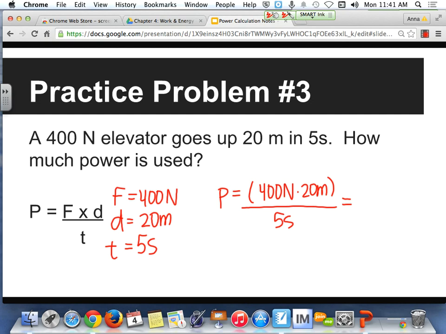So when we take 400 times 20, we get 8,000. 8,000 divided by 5 is 1,600. And again, newtons, meters, and seconds don't cancel, so we have to know that our power is going to be in watts.